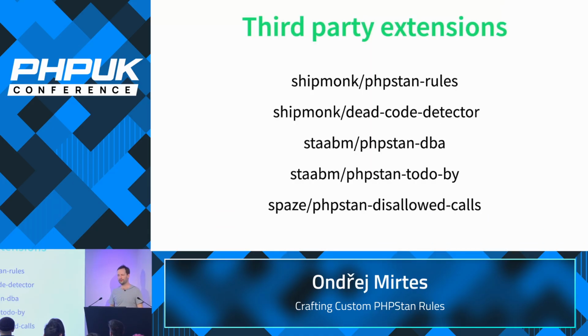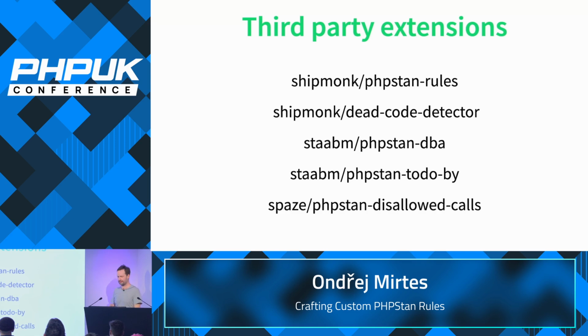There are some awesome third-party extensions which you can check out. PHPStan rules, and the code detector, which makes use of the collectors I was talking about in a really good way. There's the PHPStan DBA extension.